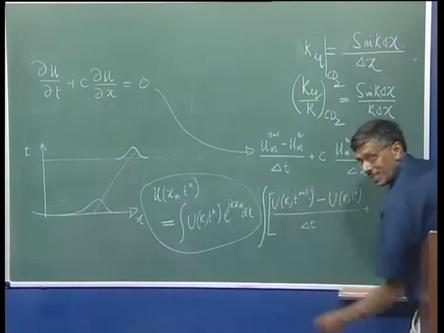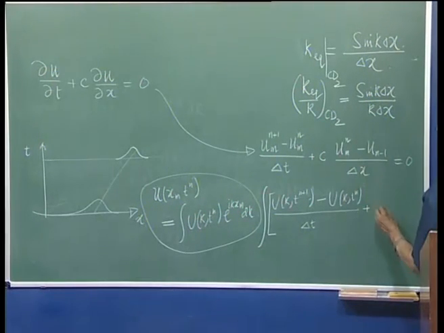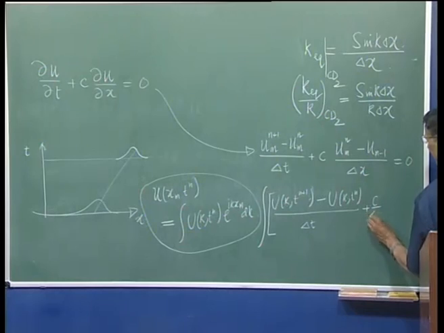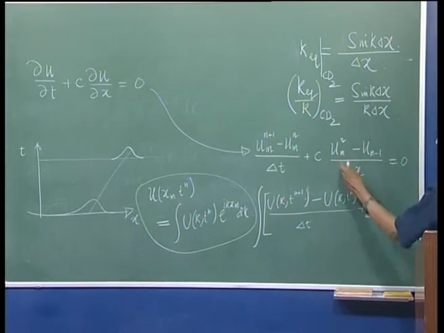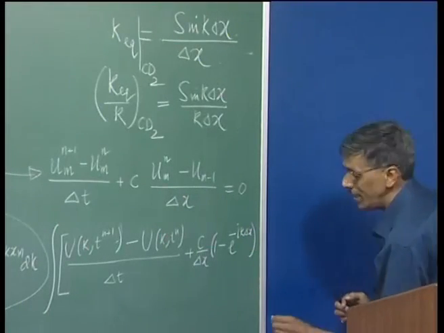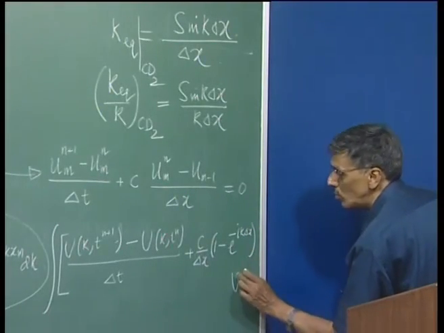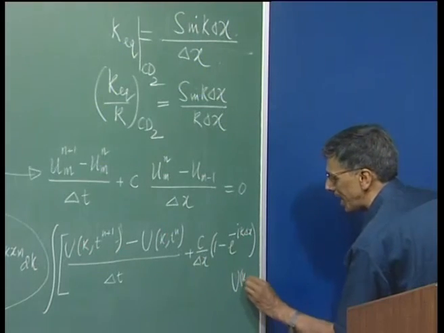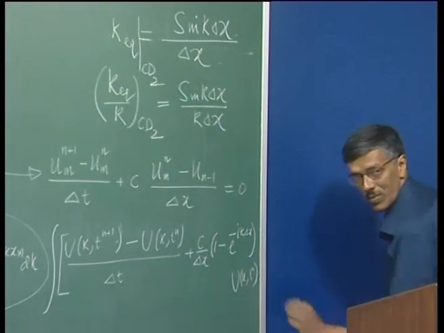We are performing an integral over all k, and so here I am going to get c by delta x times 1 minus e to the power minus I k delta x into u of k t n.